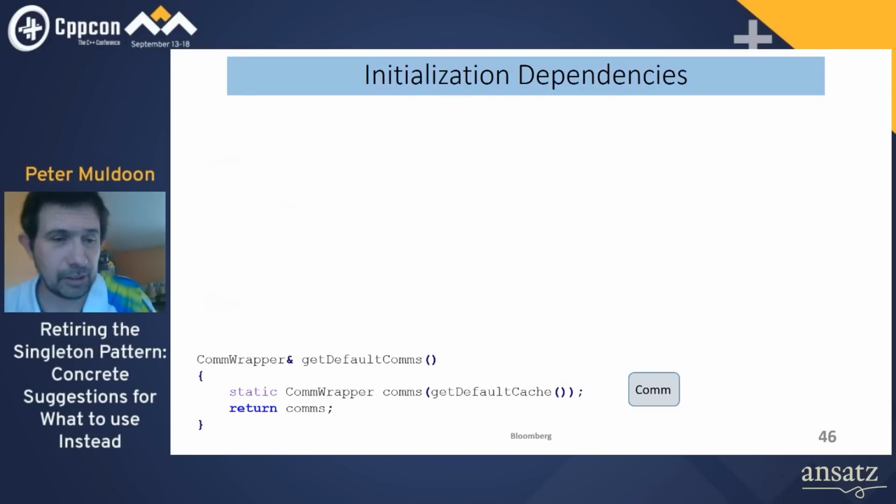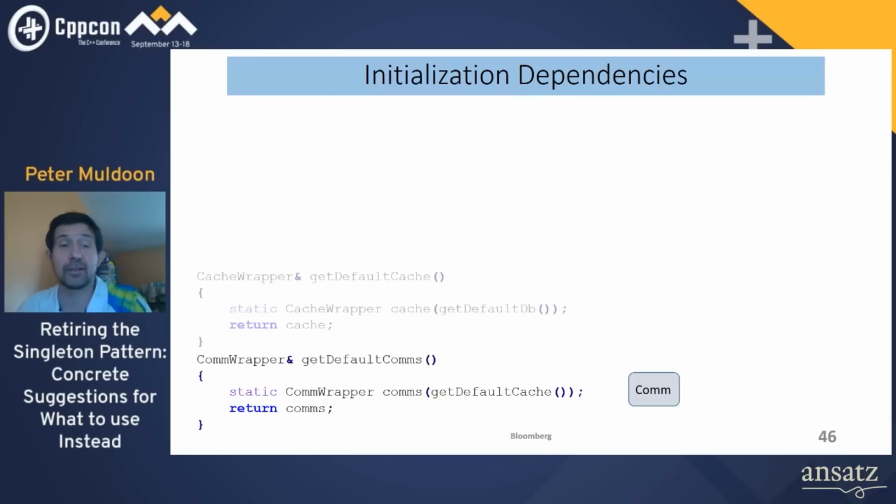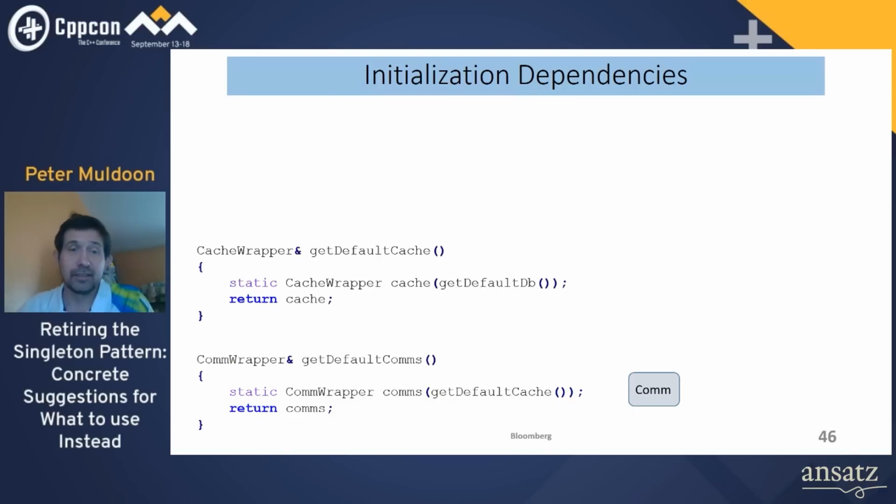In my get default comms, I say, okay, there's a static comms wrapper, but it does need a default cache. So I'm going to call a get default cache function while trying to construct my comm wrapper. That goes to get default cache, which tries to create a cache wrapper, which must provide a DB. So that calls get default DB.